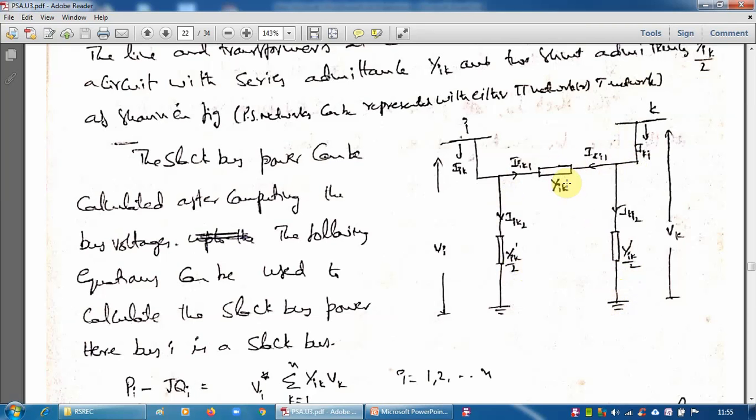Next, this YIK is the series admittance of line IK, and this is the shunt admittance of bus I to ground, and this is the shunt admittance of bus K to ground.